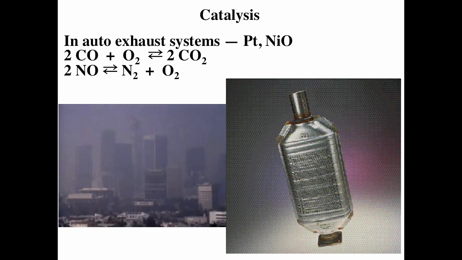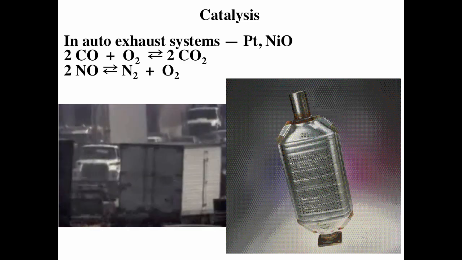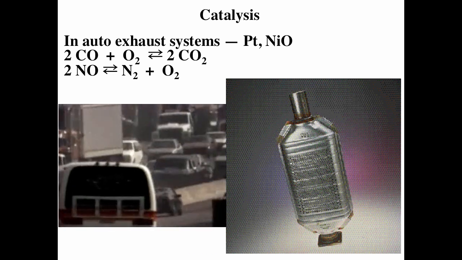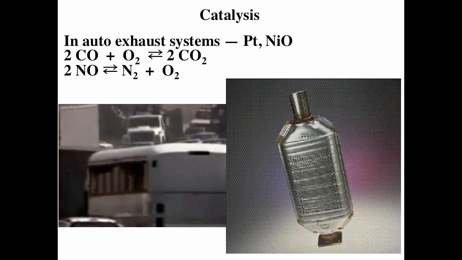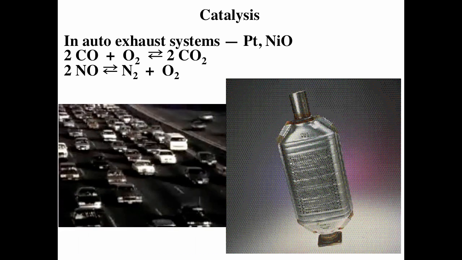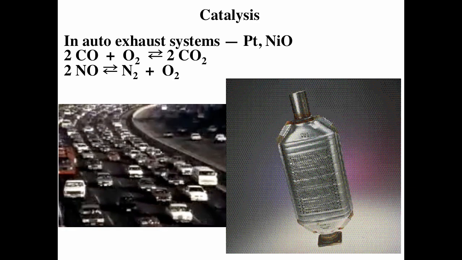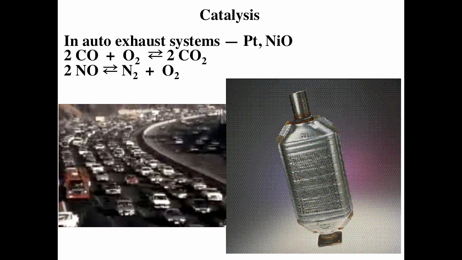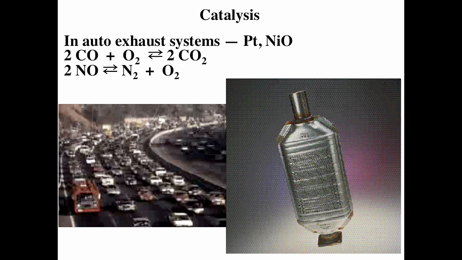A significant source of air pollution in many cities is the emission of nitrogen oxides by gasoline engines. The problem is not as severe as it was a few decades ago, due largely to the advent of devices called catalytic converters installed in automobile exhaust systems.